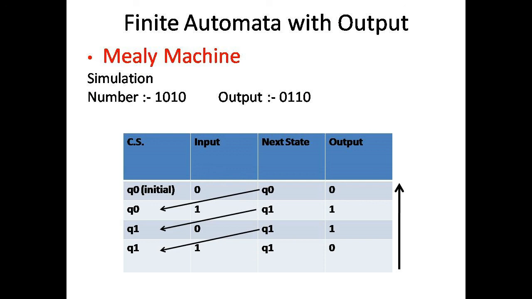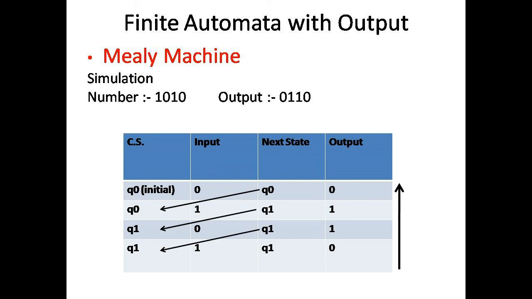We read the number right to left, that is 0, 1, 0, 1. Q0 is the initial state of the machine. If the input is 0, it will go to the next state, Q0, and it will produce the output 0.